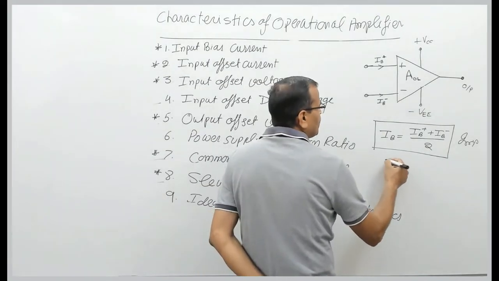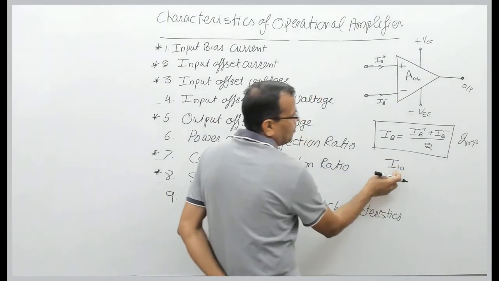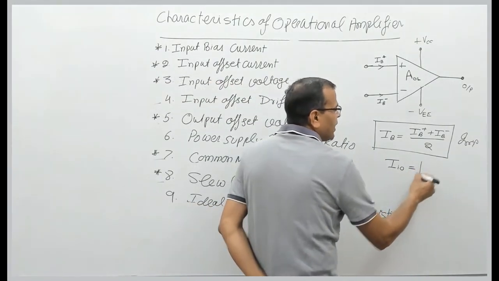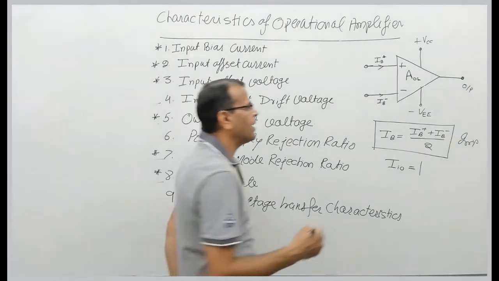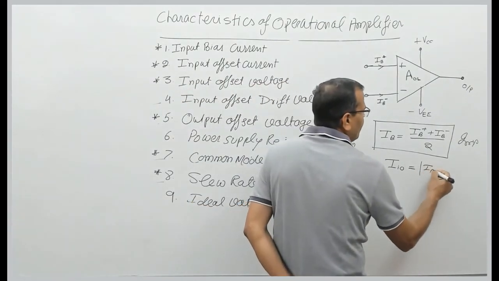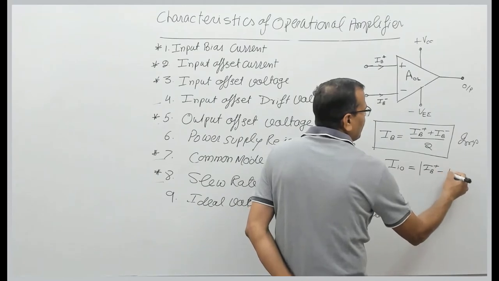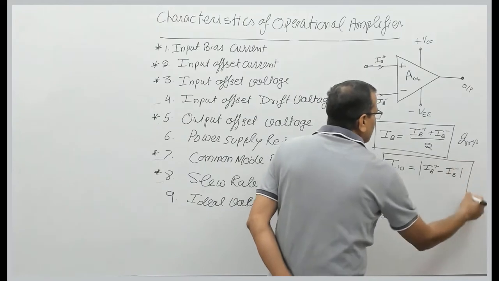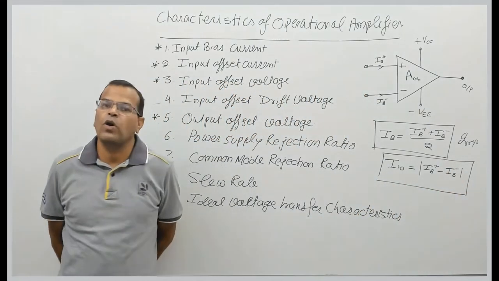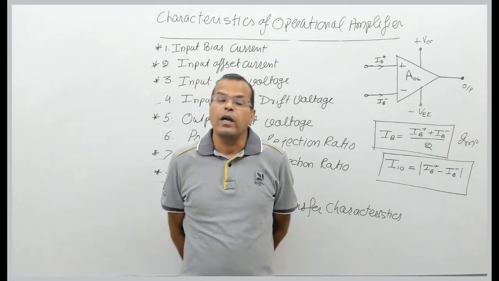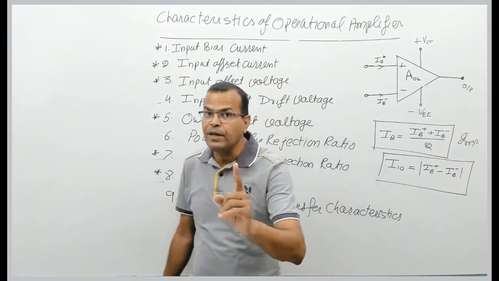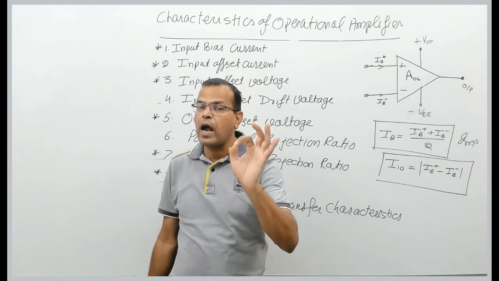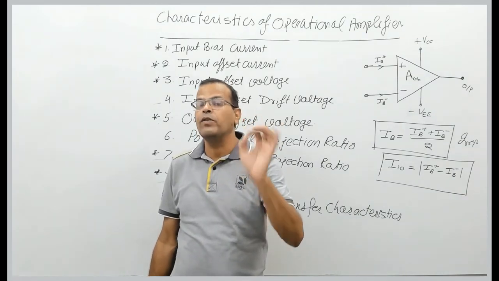The input offset current is equal to the magnitude, we don't take the sign, of the difference of biasing current entering at positive terminal and biasing current entering at negative terminal. This is called input offset current. And why is it so? Because of the difference in biasing currents entering at inverting and non-inverting terminals of op-amp.